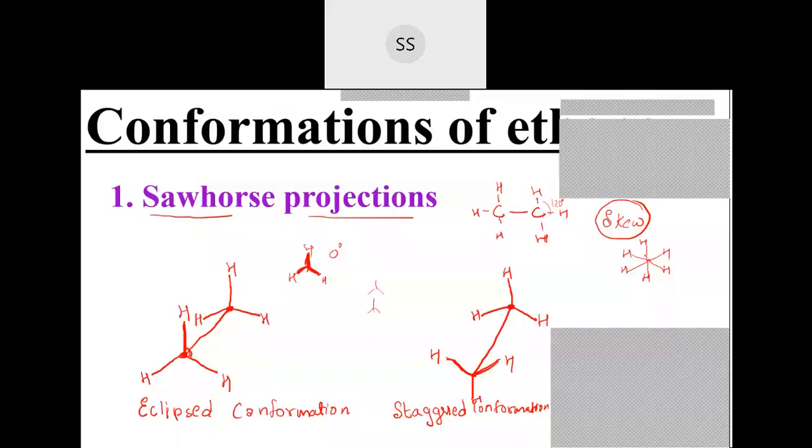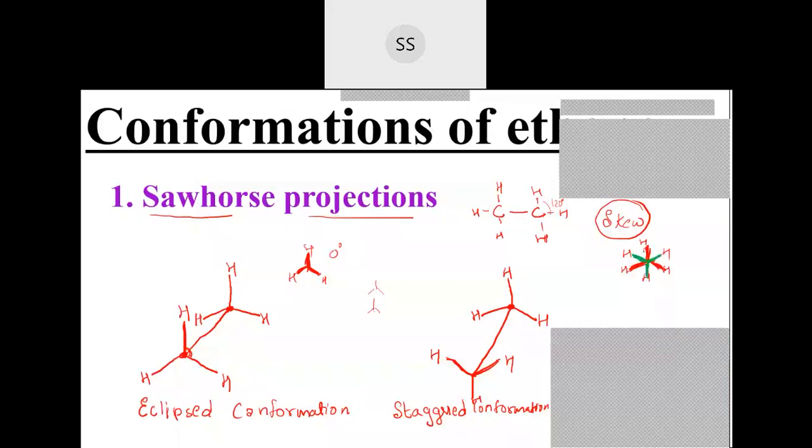What about this now? See, the behind ones are here. If you want, I will take some other color. Now, these behind ones I will mark with red. These are behind ones. Now, the front ones, I'll take another color for this. These are front ones. So front ones will come in this way.